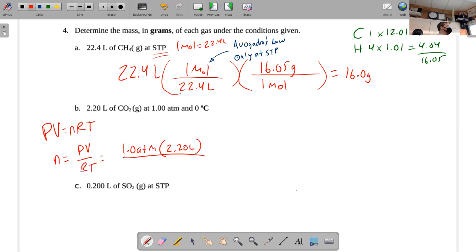And then I have to use an ideal gas constant that has the unit of atmosphere, and that's 0.08206 atmosphere liter per mole Kelvin. And then you have to be careful with temperatures all the time. This temperature can't be in Celsius, it has to be in Kelvin. 0 Celsius is 273 Kelvin. Let's see, 2.2 divided by 0.08206 and divided by 273.